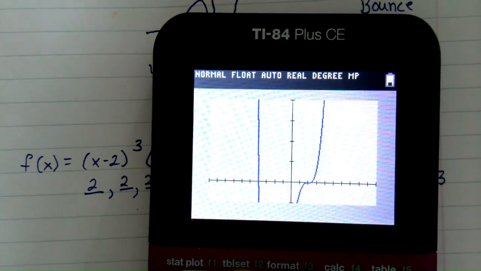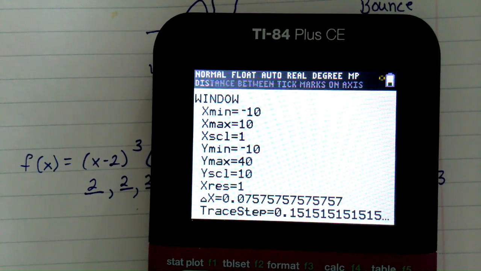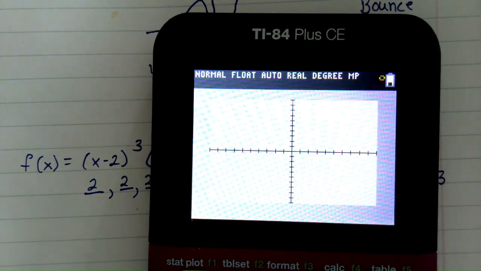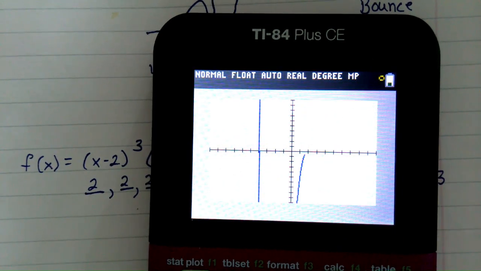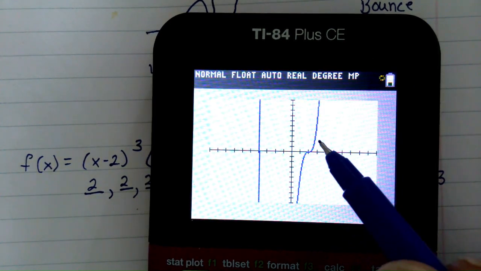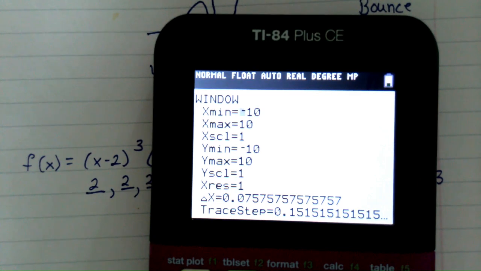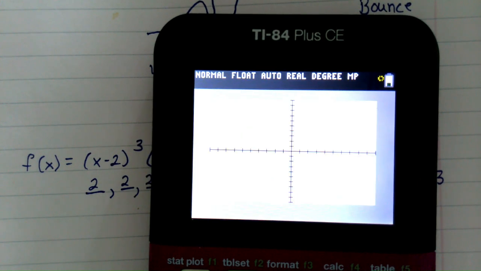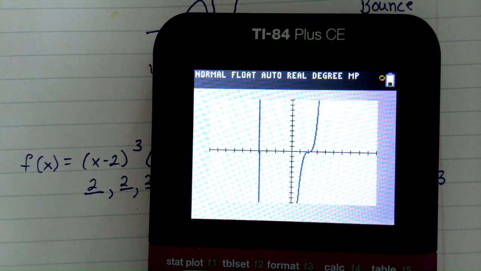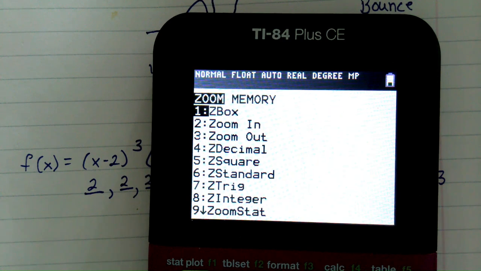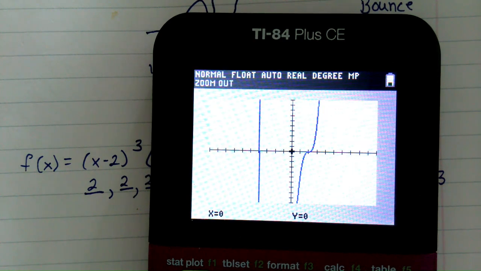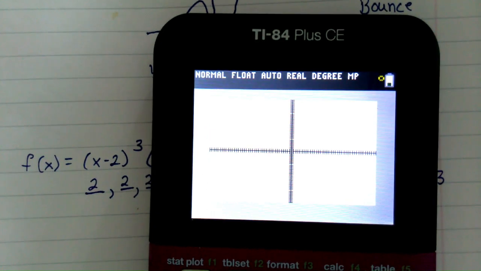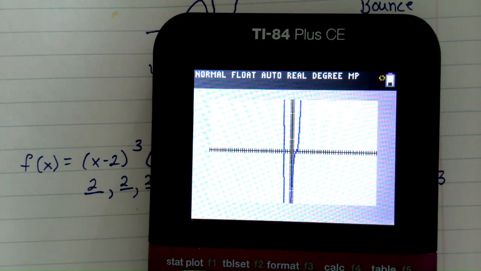Oh, what happened there? Let's go ahead and I'm going to zoom in. So it's like it laid a little S curve there. Okay, zoom. Oh, I might have zoomed out too much.